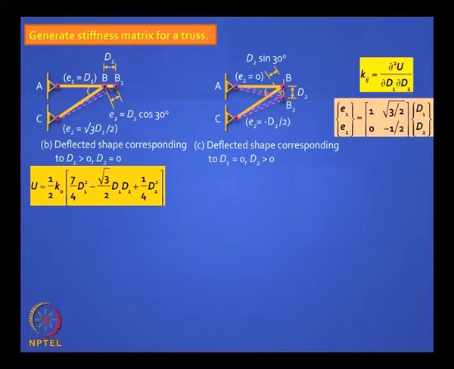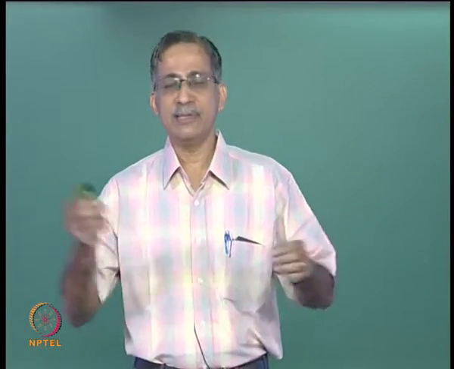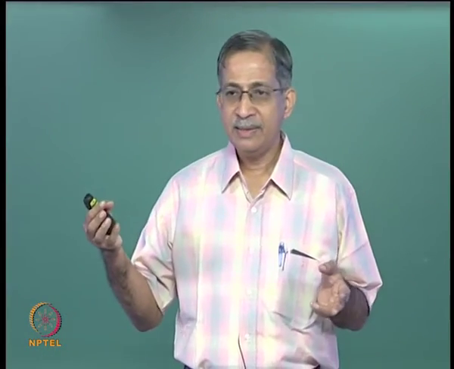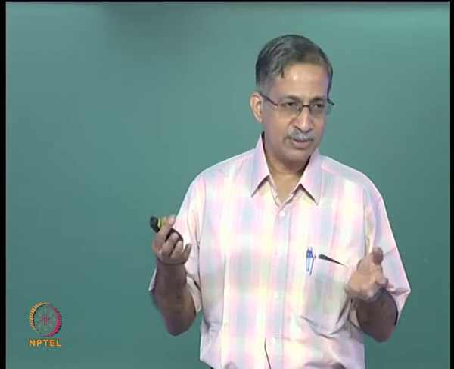Now you can write an expression for strain energy. How do you write the strain energy expression? What is the strain energy for a spring element? Half k into displacement elongation square, right?